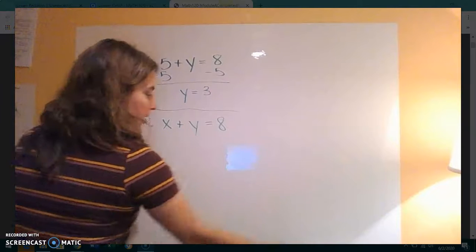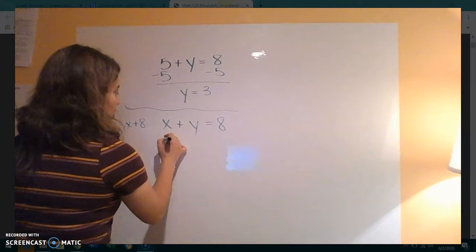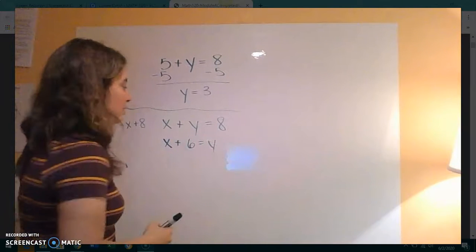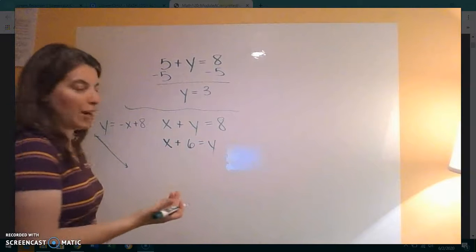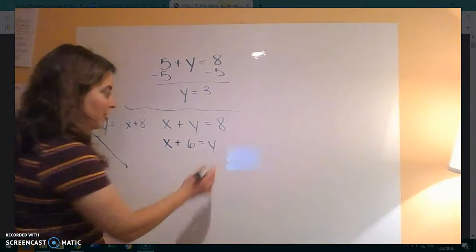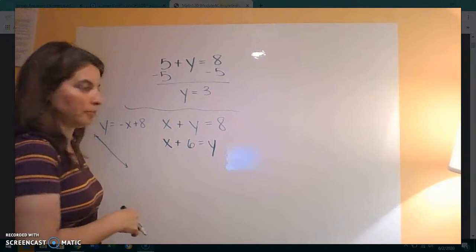So I might say, well, if x plus y equals 8, and I know that x plus 6 equals y, now, since there are 2 pieces of information, I would have enough information to solve and figure out that only one x and one y makes this true.